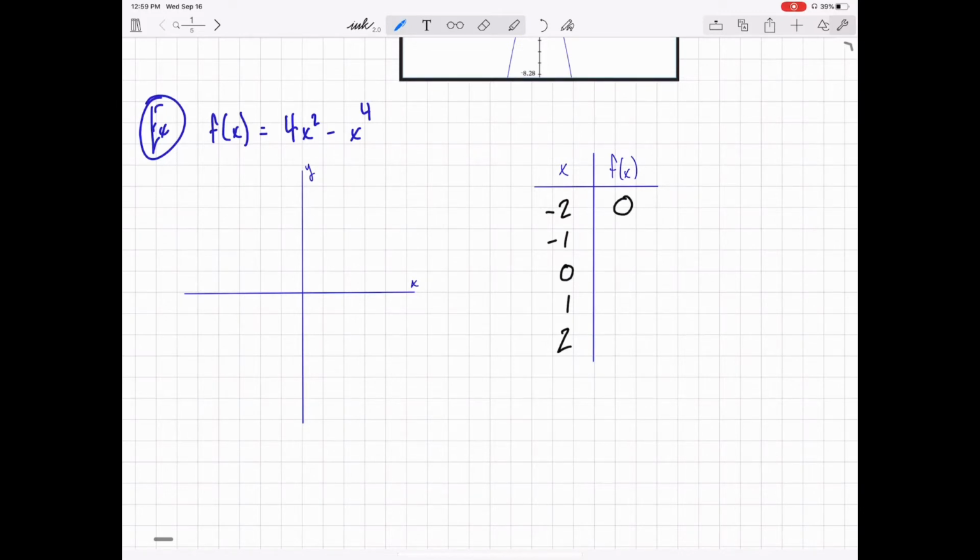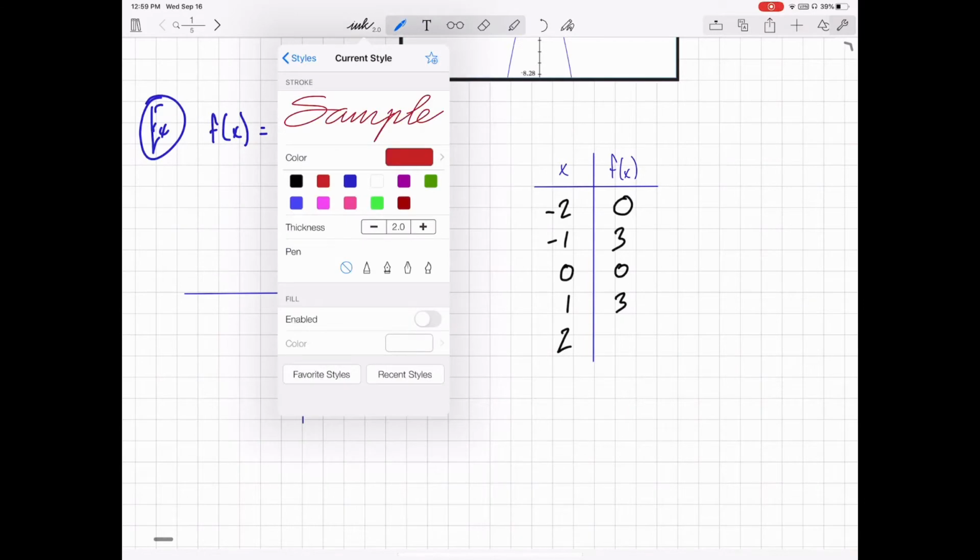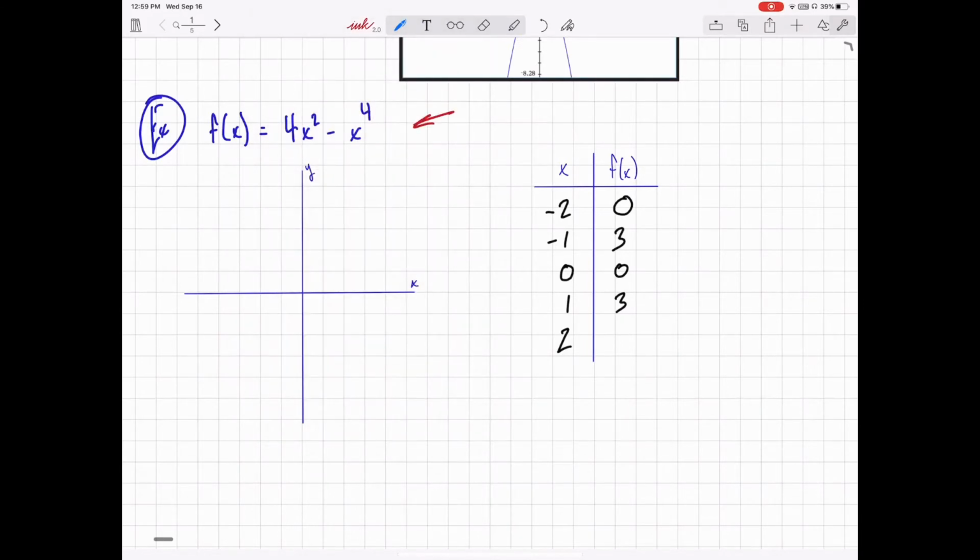And at -1, if I plug it in, it would be 4 minus 1, so this would be 3. At 0, I'd have a 0. If I plug in 1, I'd also have 3. And if I plug in 2, I'm going to get the same thing as -2, because both of these are even powers, so we'll also get a 0.